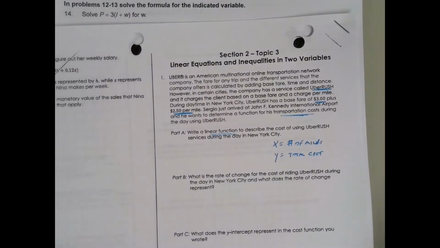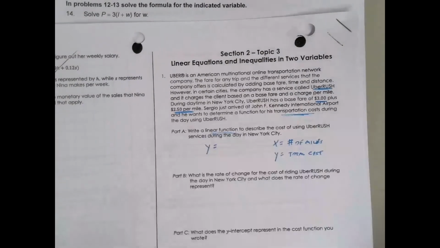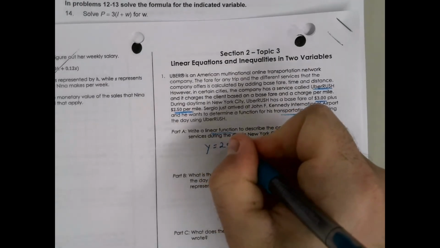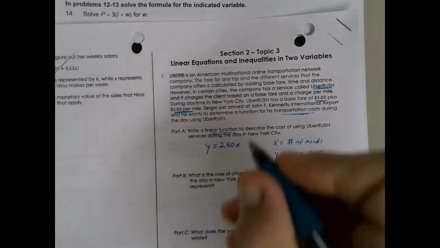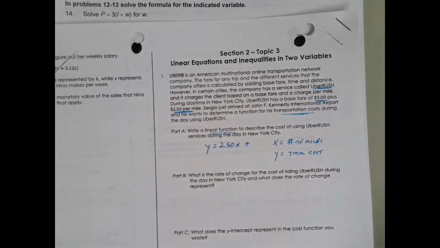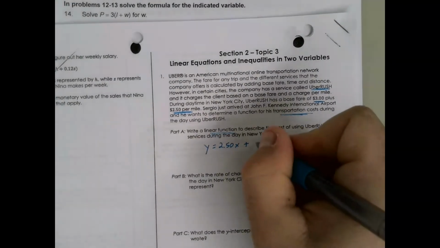Can anybody tell me what this function would look like? The Y is your cost. That would equal what? Well, what is it per mile? Yeah, 2.50x, $2.50 per mile, plus 3.